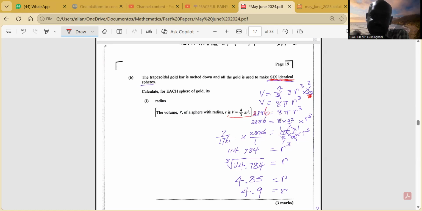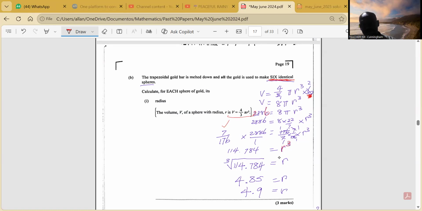But because I had the 8 here, I said 8 by 22, 176/7. So it flips, and to cancel everything down now I multiply by 7 over 126. But when I get this number, remember it's r to the third power.